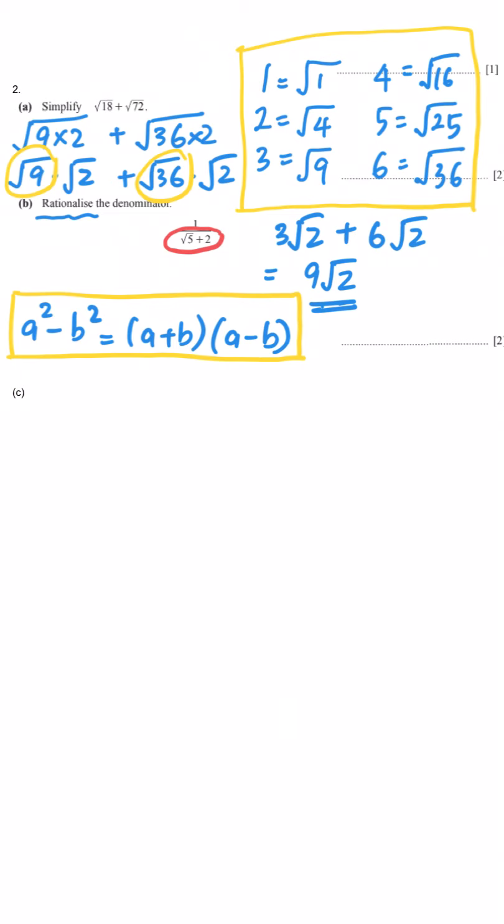So the question is 1 over √5 + 2. We're going to multiply, the denominator goes first, √5 − 2, to satisfy and apply the rule. We have the plus version, so we put the minus version, and the numerator will follow.